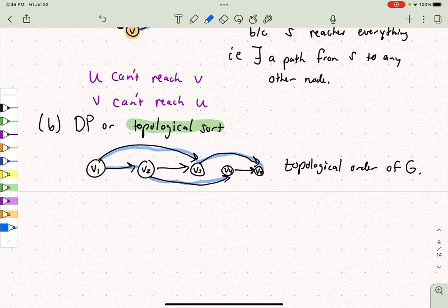Similarly, V2 is comparable with everything. But let's look at V3. Notice V3 can reach V5. It's reached by V1 and V2, but there's no way for V3 to get to V4 because this edge doesn't exist.